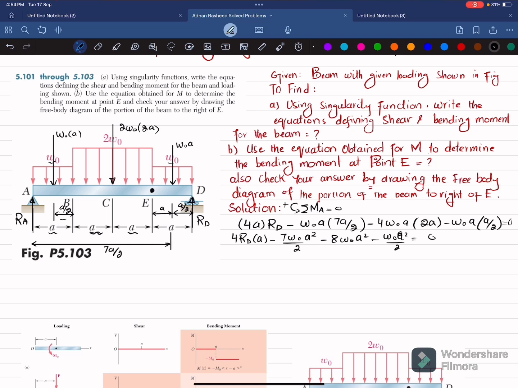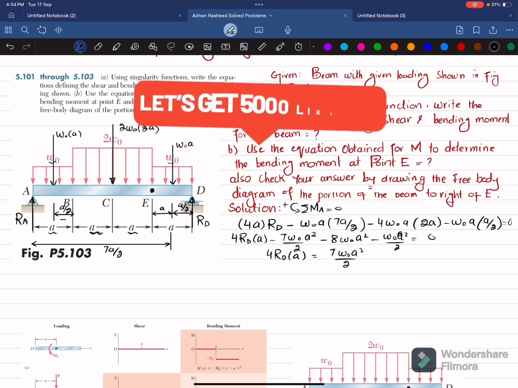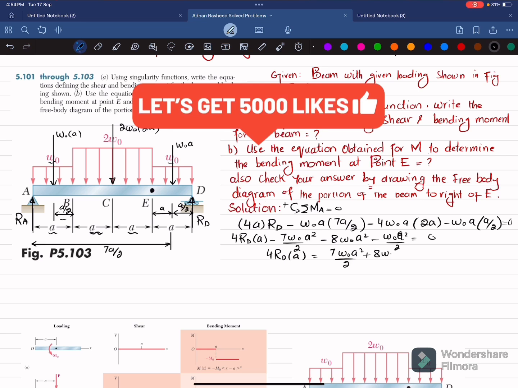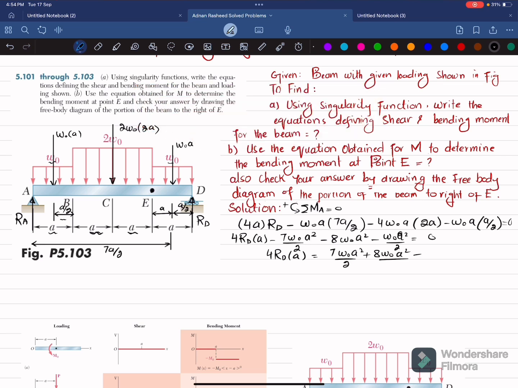So it means that 4RD into A is equal to 7W naught A square over 2 plus 8W naught A square over 1 plus W naught A square over 2. So what if I take the LCM?